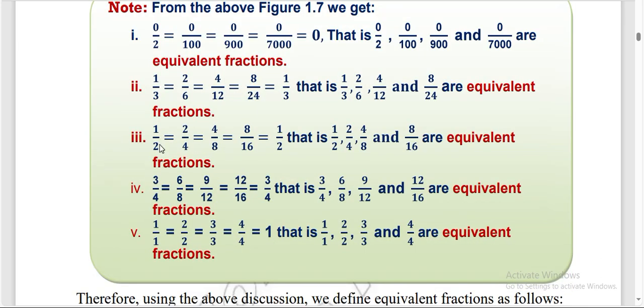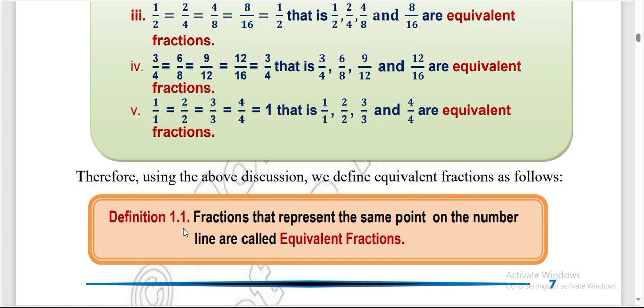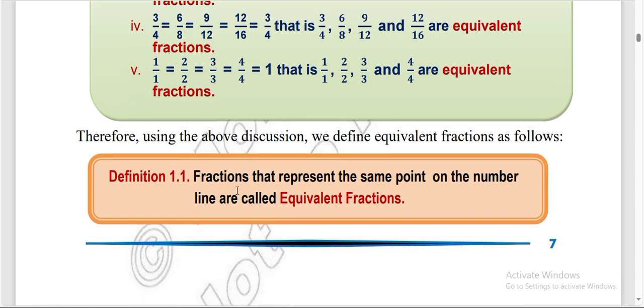So you can easily see 1/2 equal to 2/4 equal to 4/8 equal to 8/16. These fractions are equivalent fractions. We can write them in different forms. Therefore, using the above discussions, we define equivalent fractions as follows.